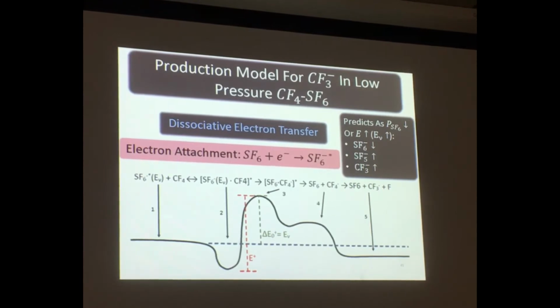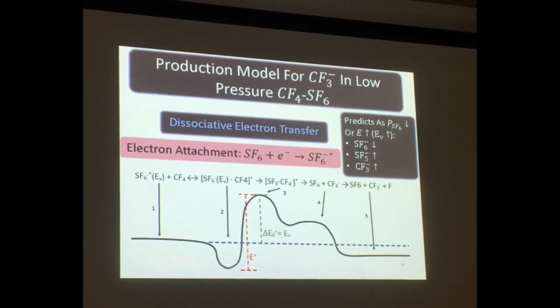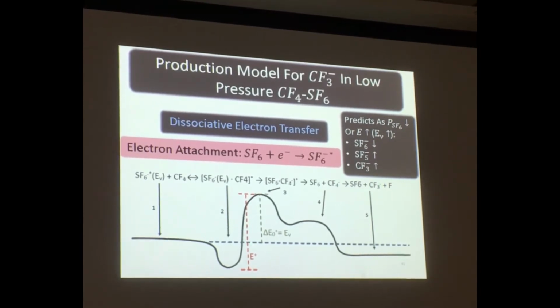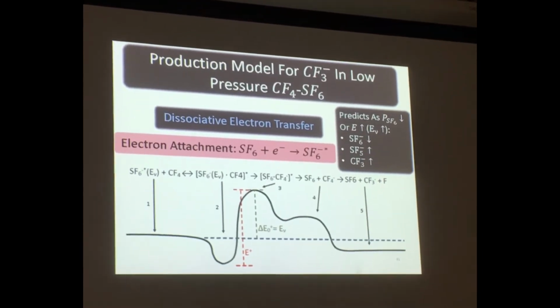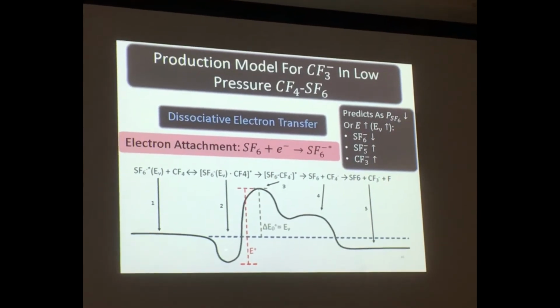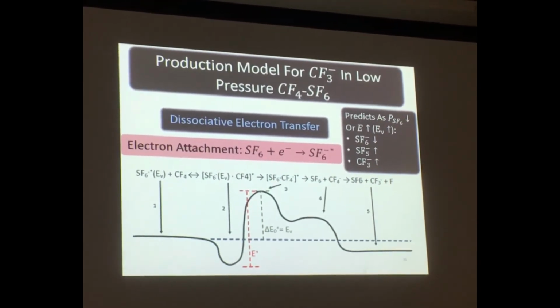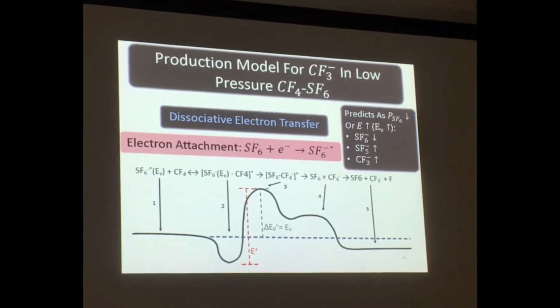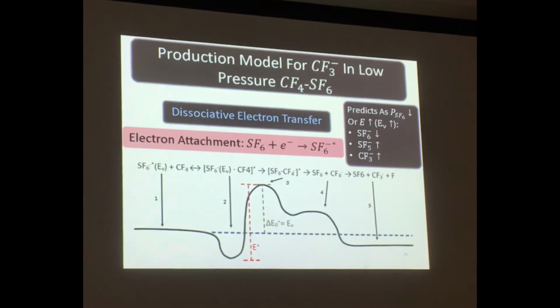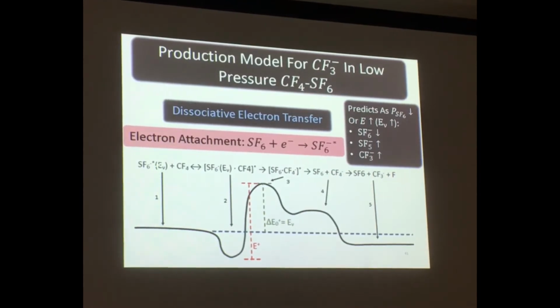This is the internal energy. As it does that, it moves from 1 to 2, and they start to move closer together. There's this van der Waals attraction between the molecules, and there's this dip here. But in order for the reaction to progress forward, it has to overcome this energy barrier, which the SF6 minus star can do by giving up this E nu.